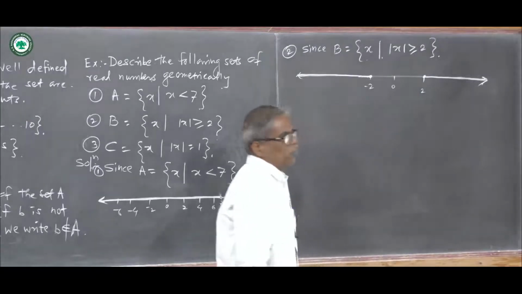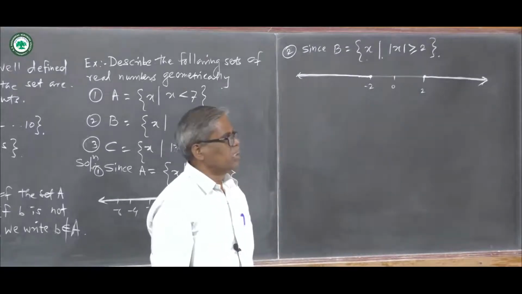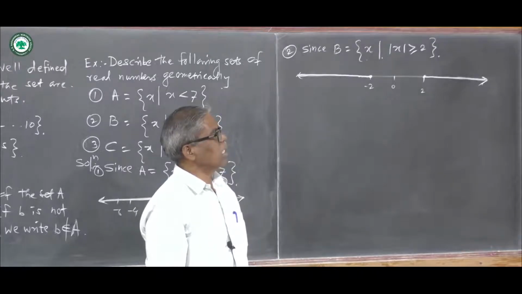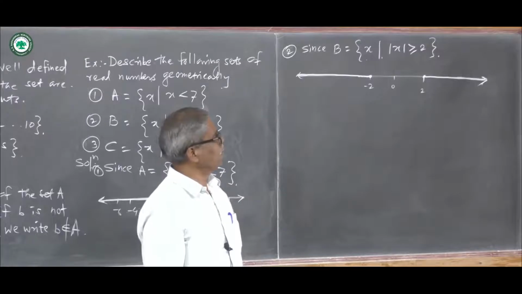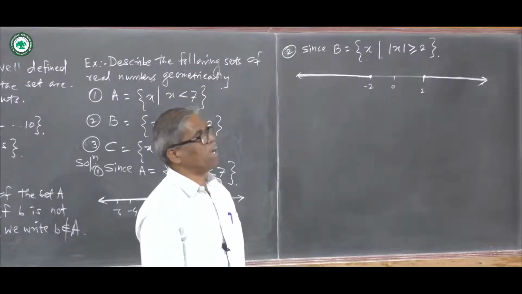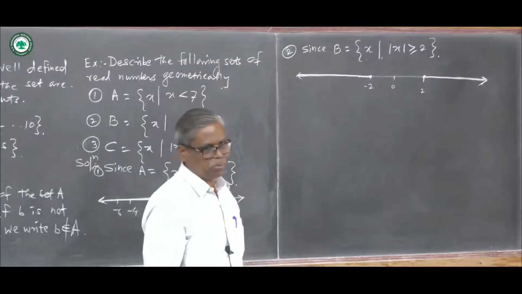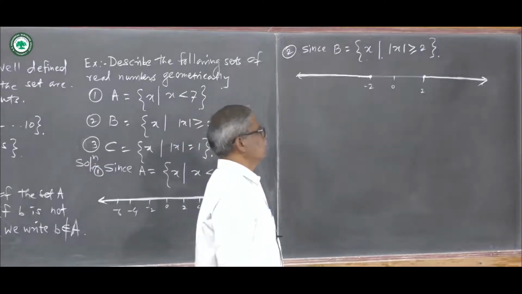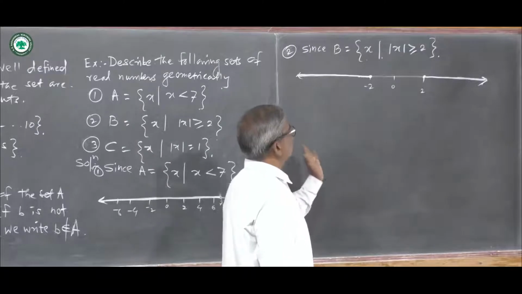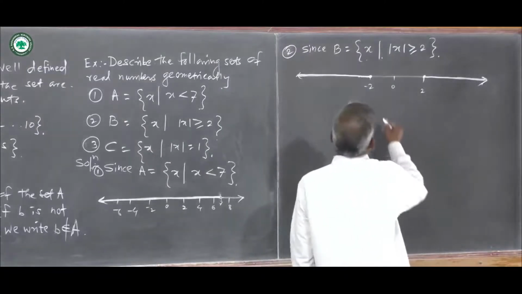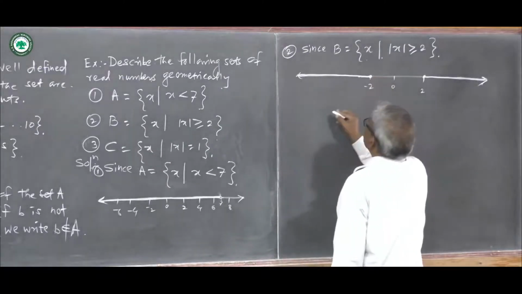That is, we eliminate from the set of real numbers R the open interval minus 2 to plus 2. We remove the points from minus 2 to plus 2, the open interval minus 2 to plus 2.